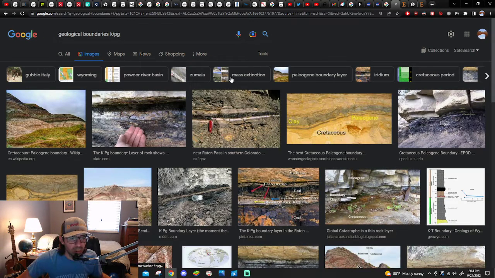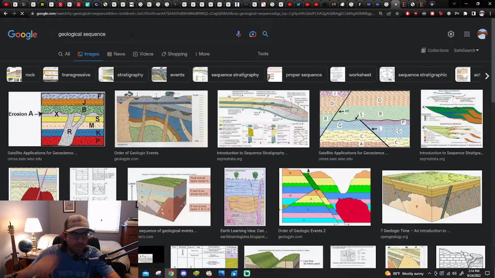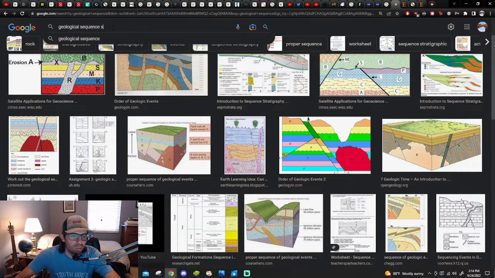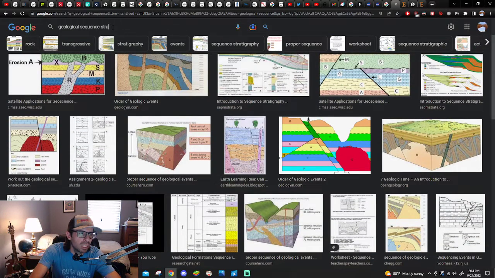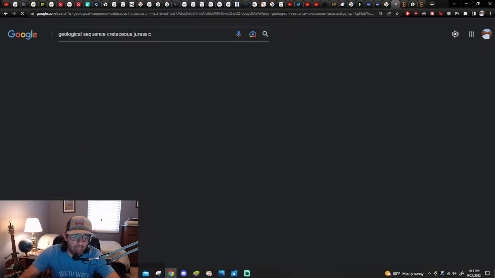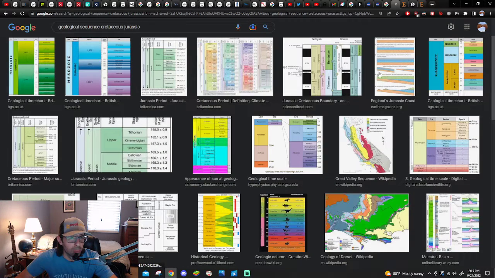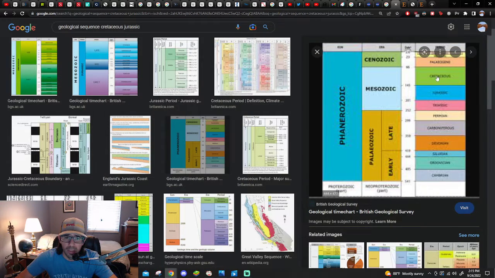Images. Sure. Something like that. Stratigraphy. I'll just put Cretaceous, Jurassic model. Too small. This is fine.